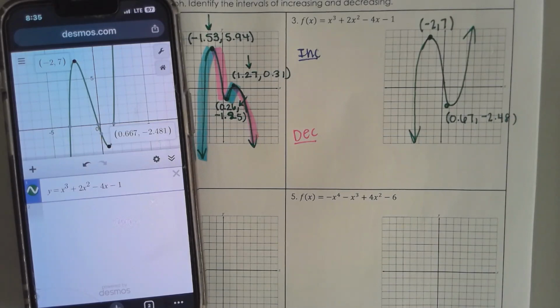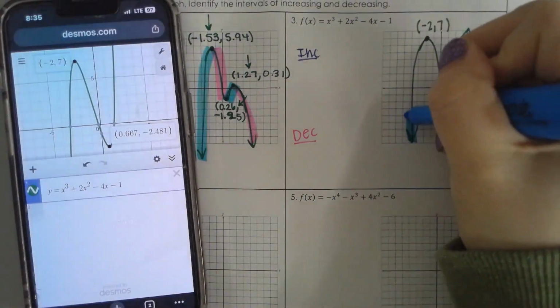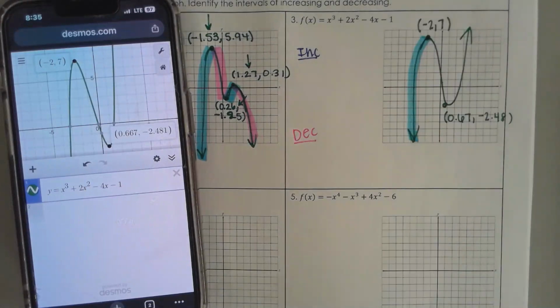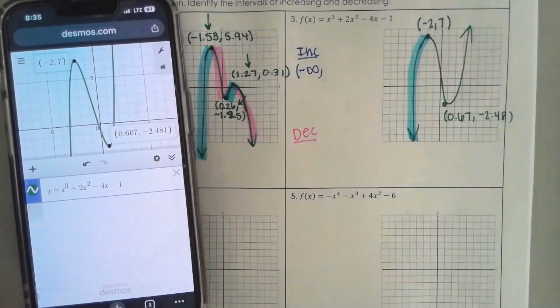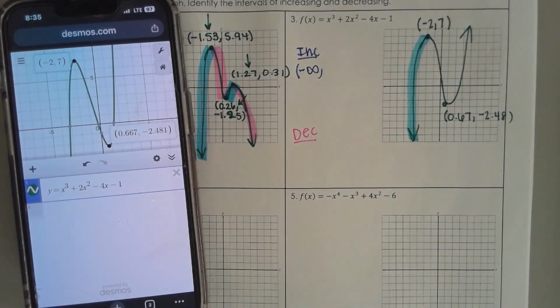Alright, so I am going to start. My first interval is going to be increasing or decreasing? Increasing. Goes uphill, uphill, uphill. So where do I start? Negative infinity. Your very first interval should always start with negative infinity.